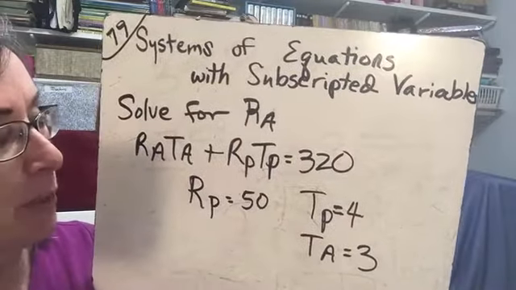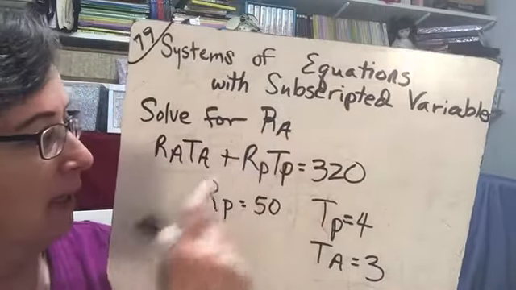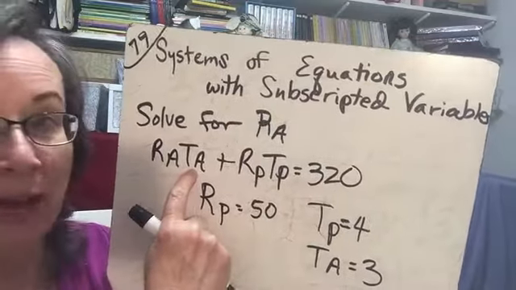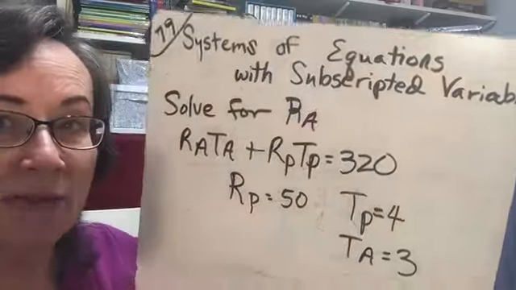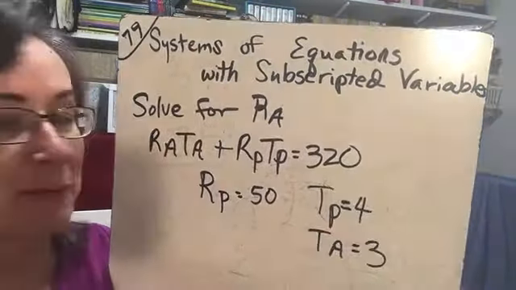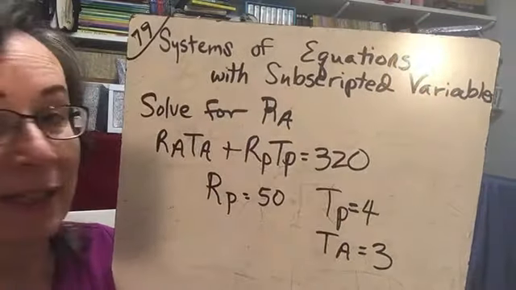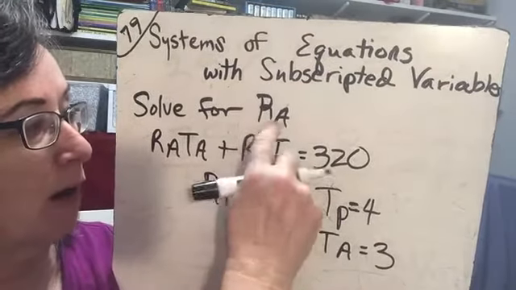So, for example, this could be the rate of Abby as opposed to the rate of Peter, the time of Abby as opposed to the time of Peter. And so when we have two people or two different quantities that we're talking about, sometimes it's just easy to use subscripted variables. So here we're going to solve this system of equations for RA.